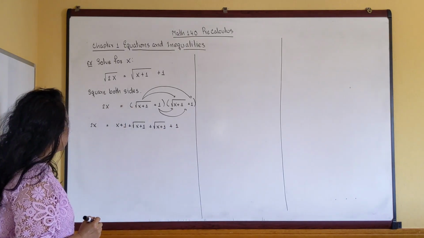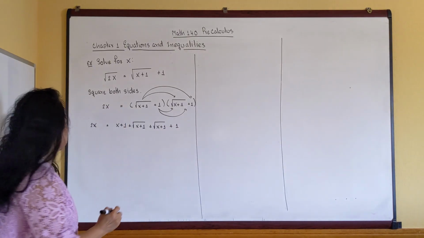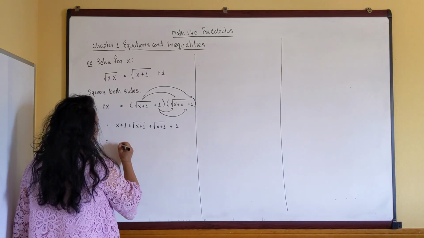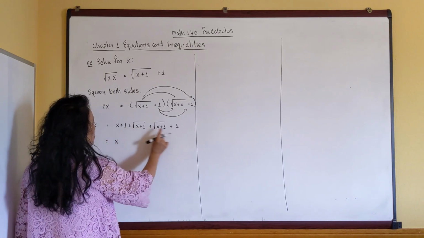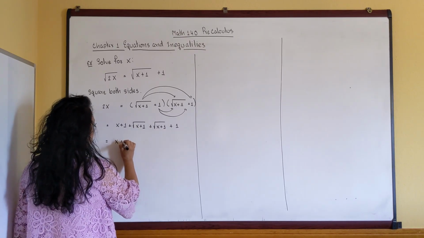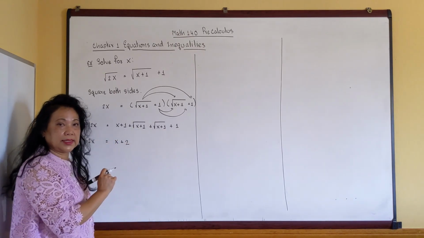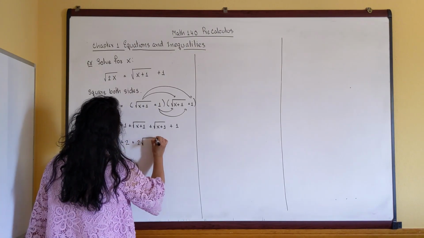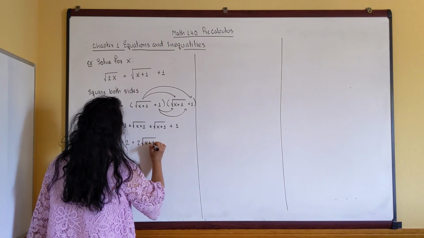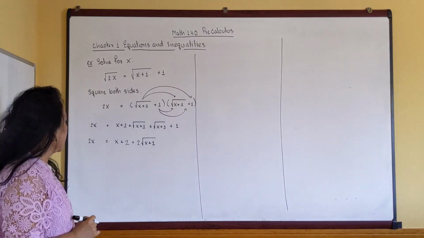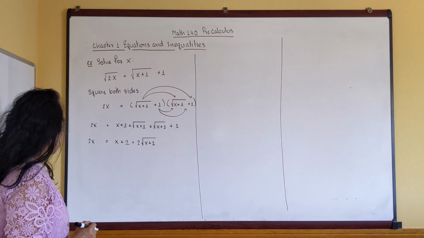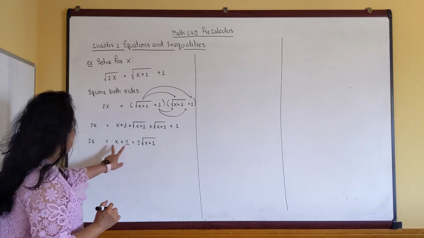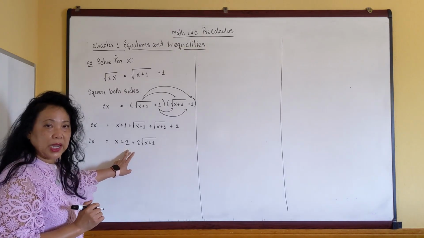So next step, you're going to combine like terms. So the left hand side is just going to be 2x. The right hand side, I'm going to have x. 1 plus 1 is 2. And these two terms are the same, so it's going to be plus 2 square root of x plus 1. Next step, I'm going to get rid of the radical again, but I'm going to subtract x and subtract 2.